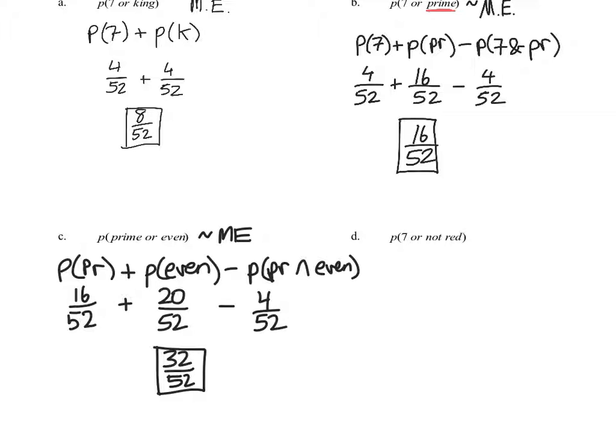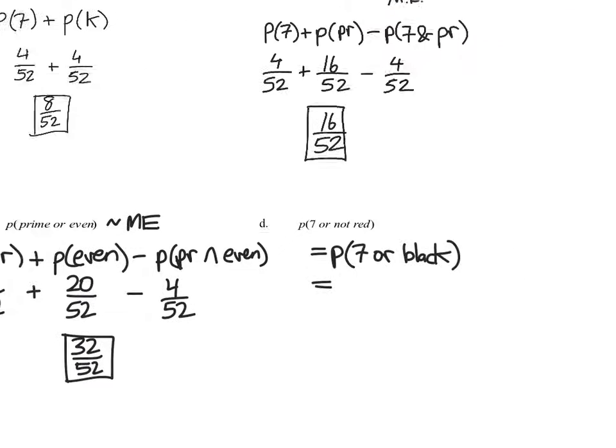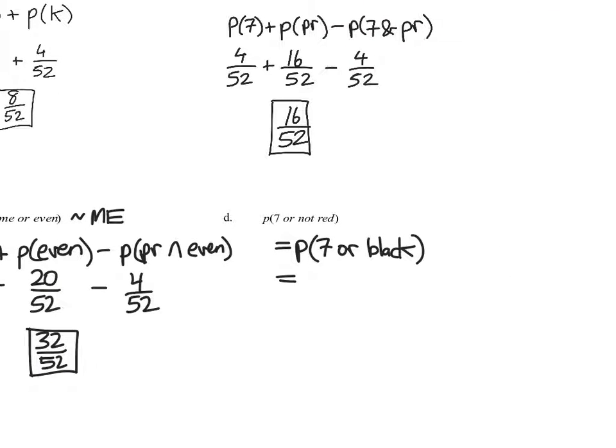All right. Now, probability of 7 or not red is the same as the probability of 7 or black. So is that mutually exclusive or not? Not.